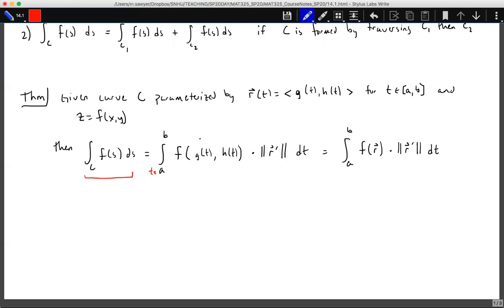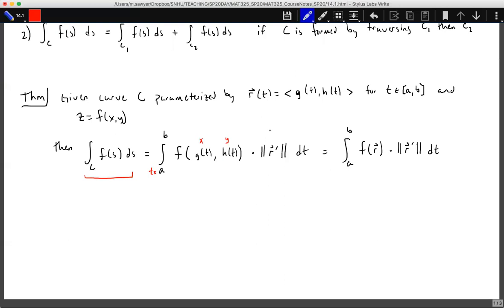So our x value is a function of time g, and our y value is a function of time h, times the magnitude of the derivative of the parameterization curve, dt.